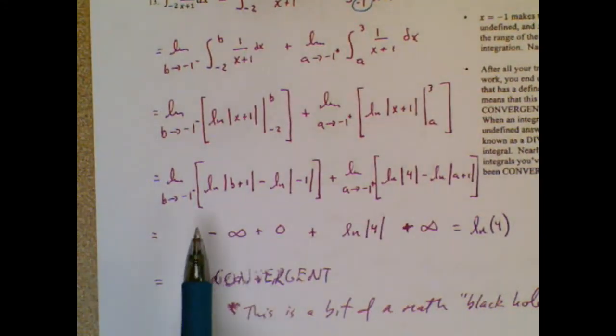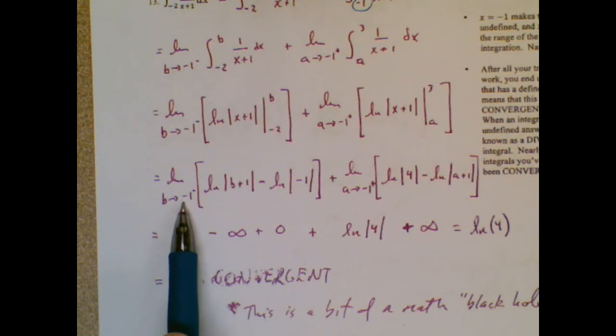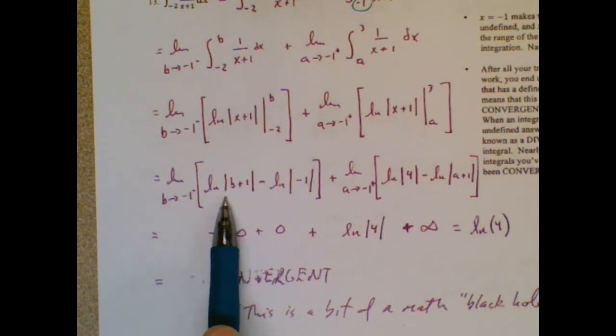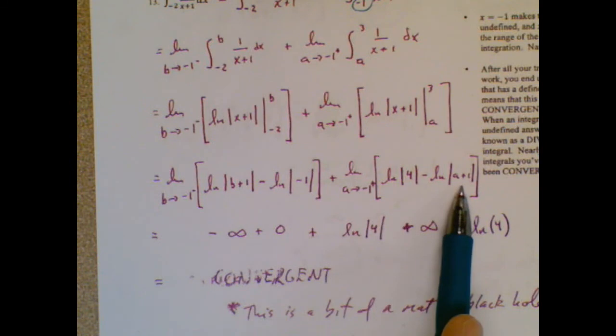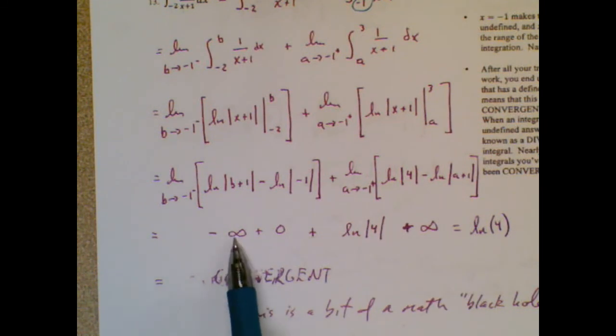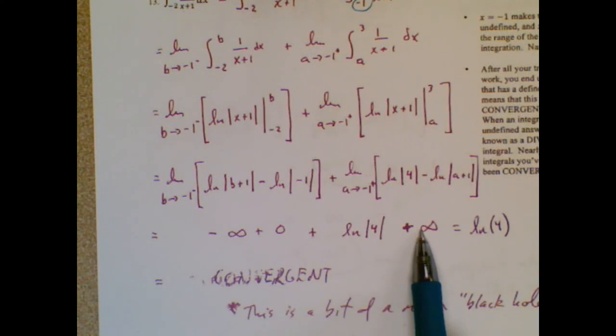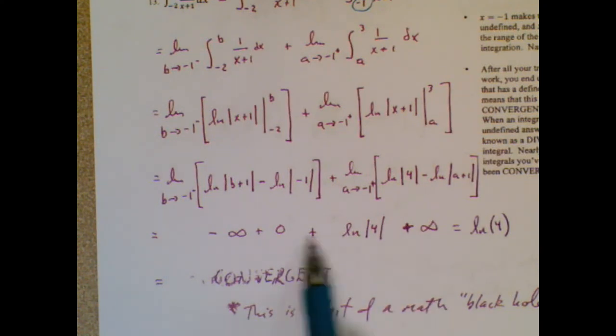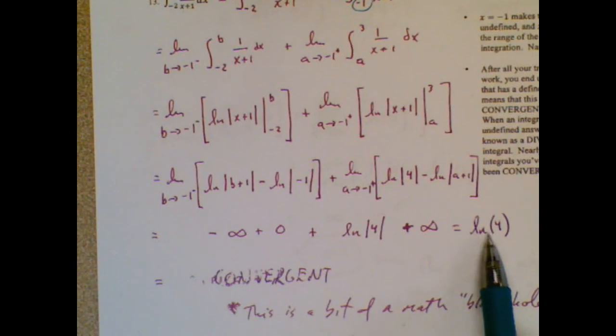But as I start plugging in this, I'll end up with these mysterious values of -infinity and +infinity. If you can plow through all that, you end up with natural log of 4, which is a number, so we would call this a convergent integral.